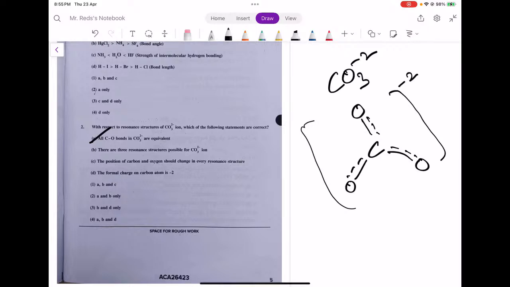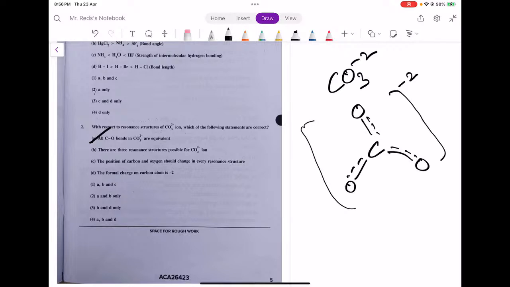All C-O bonds are equivalent. This is the structure of the resonance hybrid. This is not the structure of a single resonance form. This is not the structure of the CO3 2- ion. This is the structure of the resonance hybrid. All C-O bonds are equivalent. Okay. A is correct. Next, go to B.